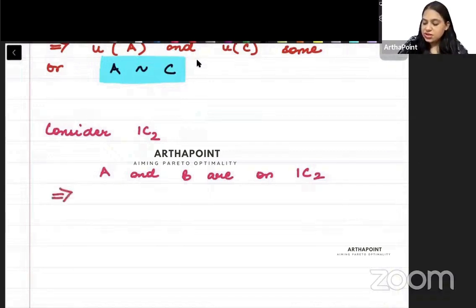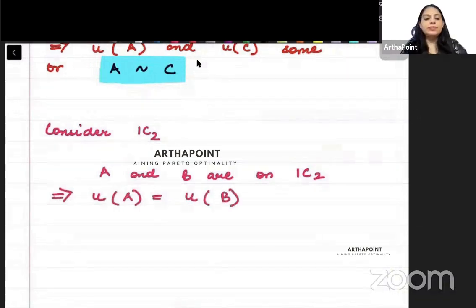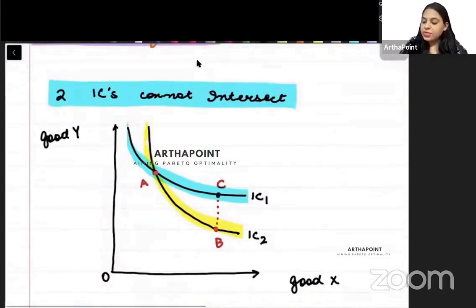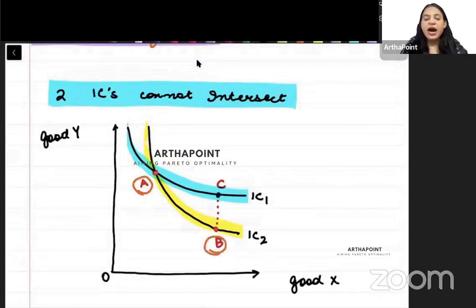So this tells me that utility from point A will be equal to utility from point B, or I can say that the consumer will be indifferent between A and B, because points A and B are on the same indifference curve.